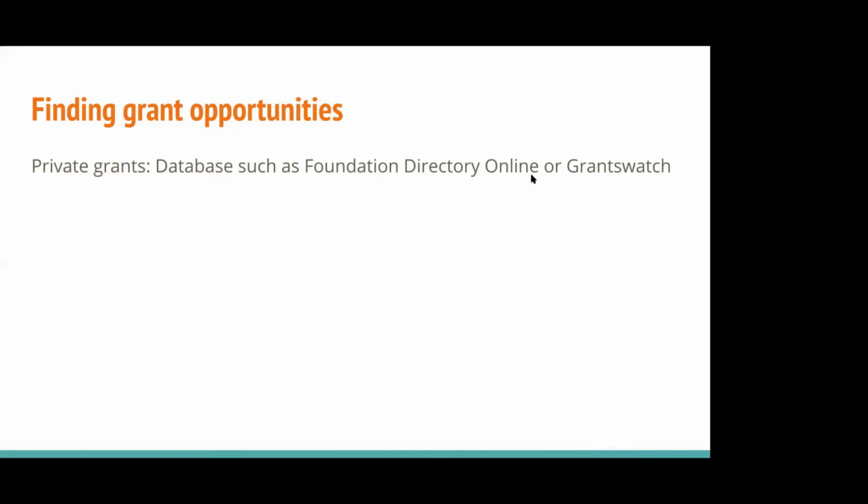And those are great because it's like a big database of hundreds of thousands of funders, and you can enter in terms, you can enter in your subject area, your business area, where your business is located, and you can sort of hone in on the funders that are most likely to be interested in funding you. So those are well worth the money. You can pay for a month subscription, do all your research, and then cancel it. So it's a really good thing to check out.